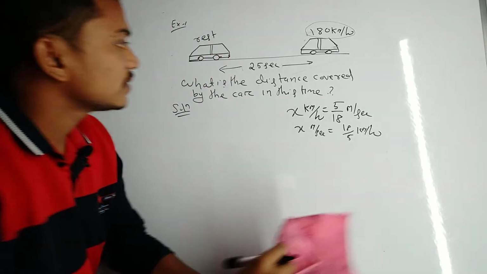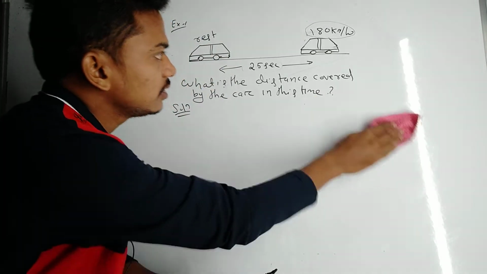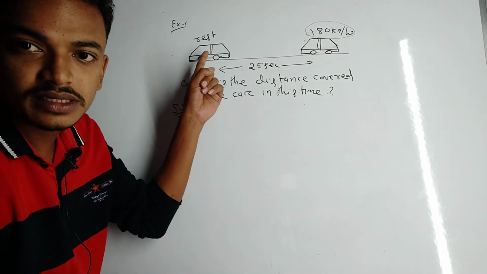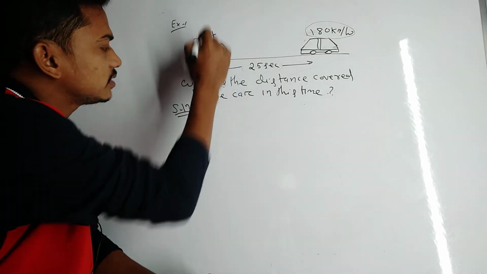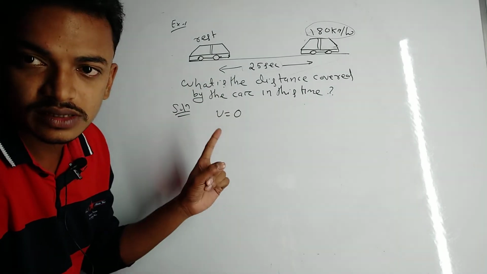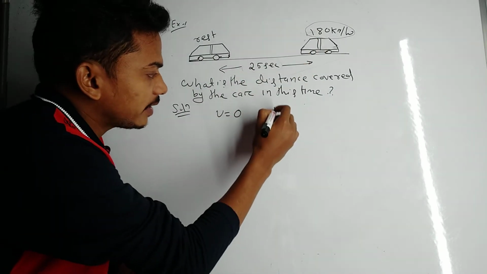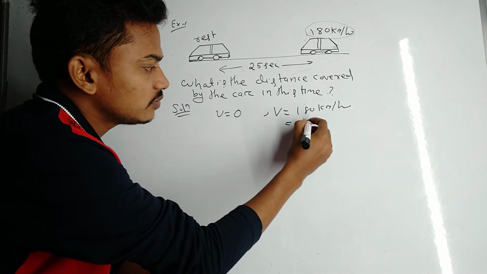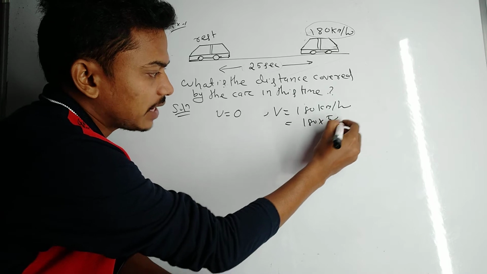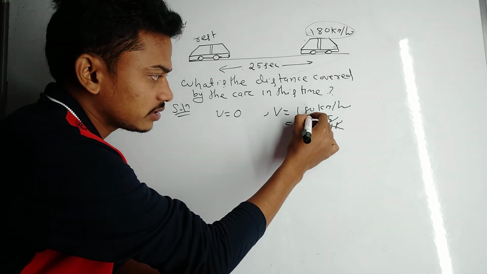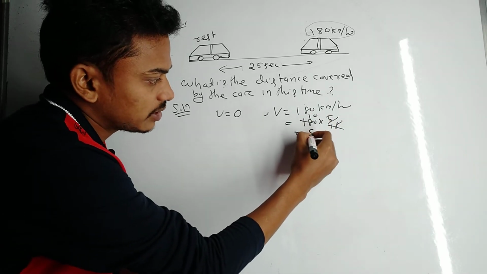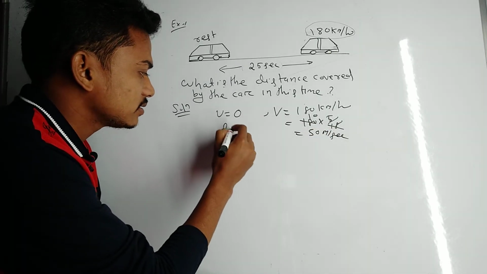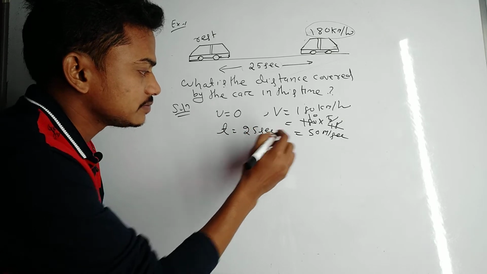Now see the solution. The car is at rest, which means the initial velocity u is equal to 0, and the final velocity is 180 kilometer per hour, that is 180 into 5 by 18, which is 50 meter per second, and time is 25 seconds.